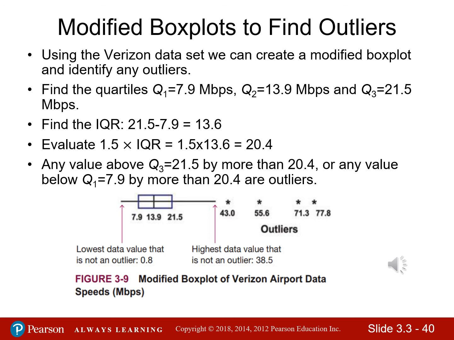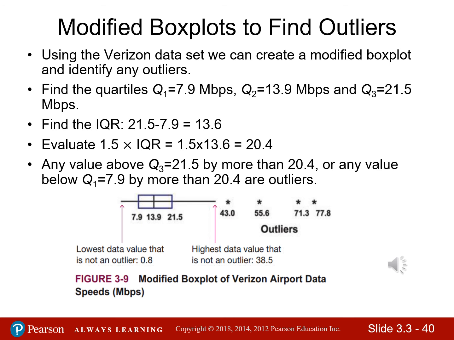Next, we evaluate the equation 1.5 times the interquartile range. So that is 1.5 times 13.6, and that gives us 20.4. Now, any value that is above the third quartile by more than 20.4 megabits per second would be considered an outlier.